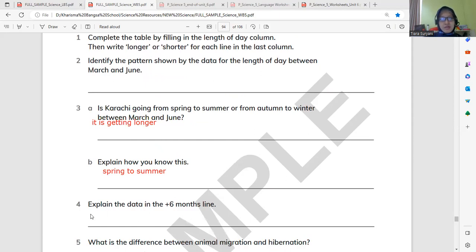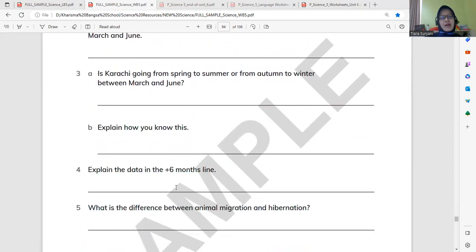Okay, in plus 6 month line, the last one, the day is getting shorter because if we notice, Karachi, Pakistan is located on the northern hemisphere, right? And then let's say 6 months after March, which is March is spring, let's say, and then 6 months after that is autumn.